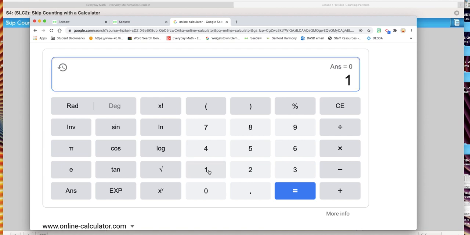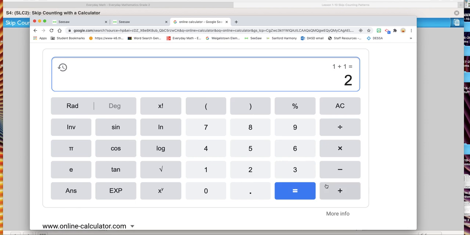Alina, I need your calculator to be up so I can see that you're following directions. Up on the top of your desk there. Okay, now, you should have a 1 on your calculator, correct? Yes. If you press the plus button, and then you press another 1, what happens when you press the equal button? You get a 2, right?